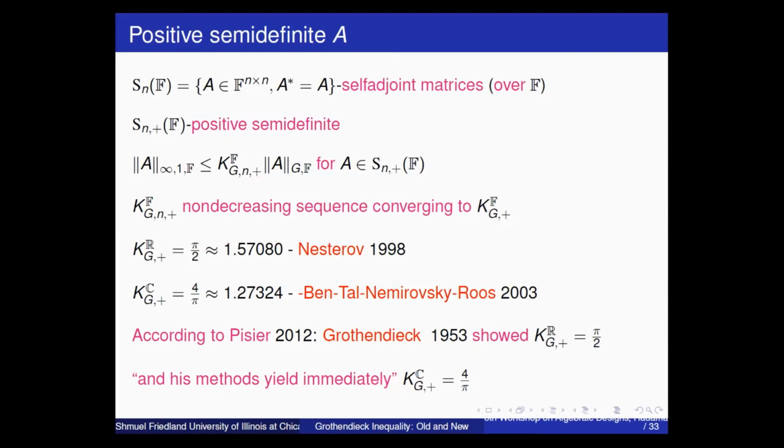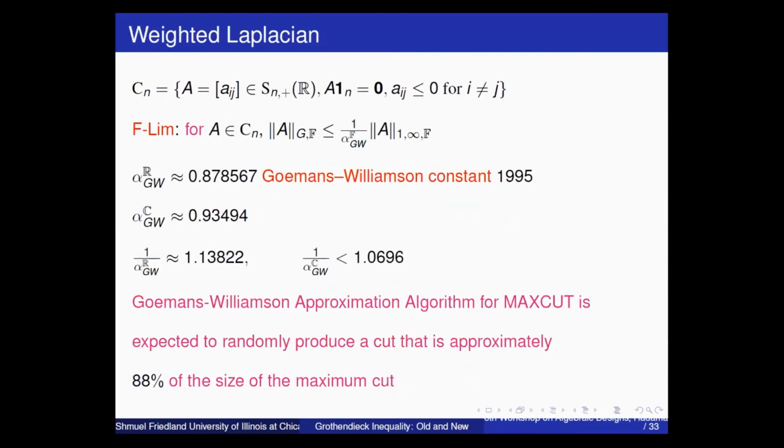Next, the weighted Laplacian. The weighted Laplacian is very important in graph theory. If you have an adjacency matrix of the graph, the weighted Laplacian would be minus A plus the degrees on the diagonal, the degrees of your graph.